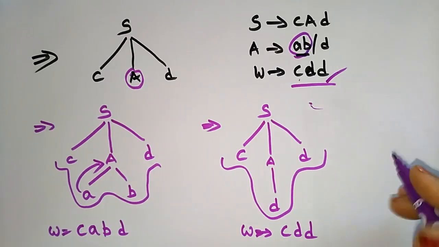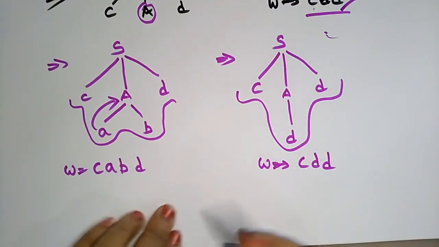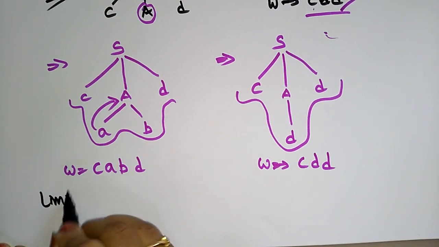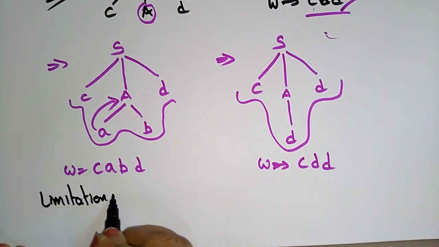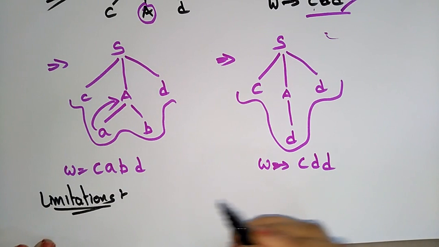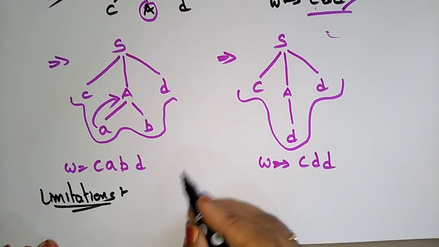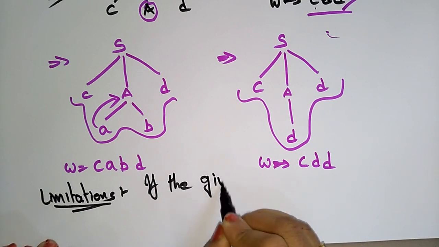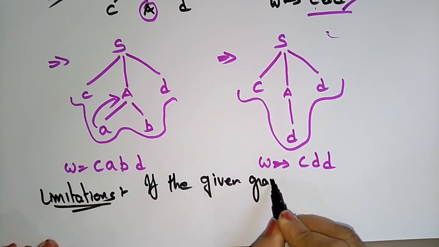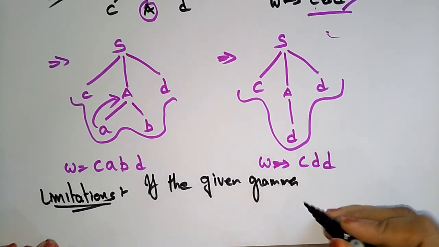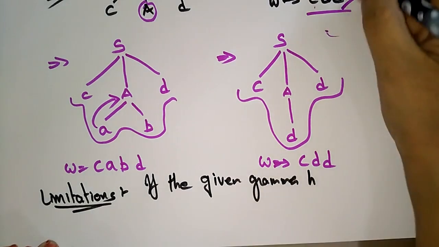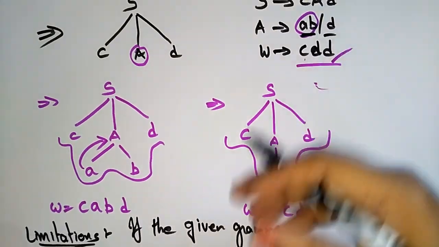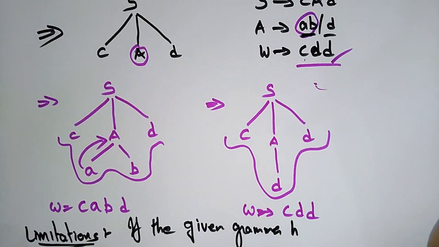Here some limitations are also there. What are the limitations of using backtracking? If the given grammar has more alternatives, then it is difficult. Here only two alternatives are there, so it is easy to find out whether the string is matching or not.